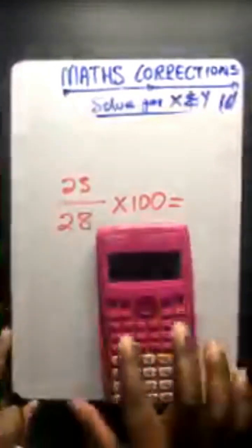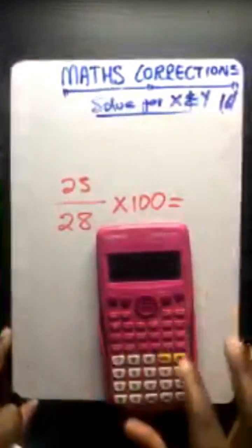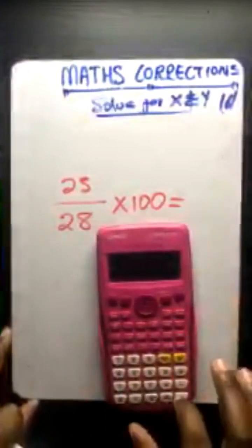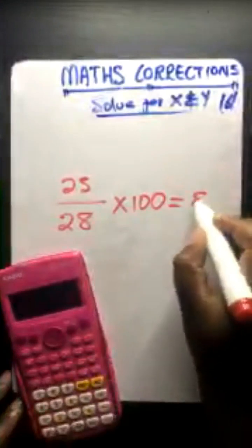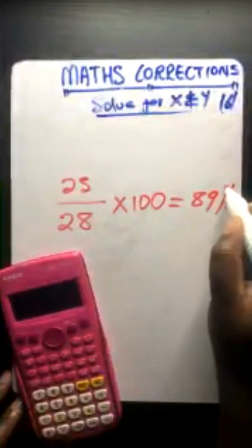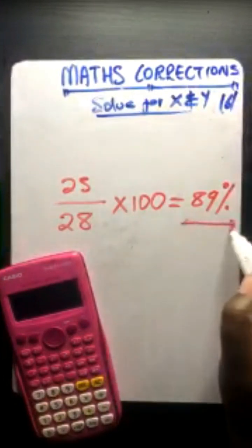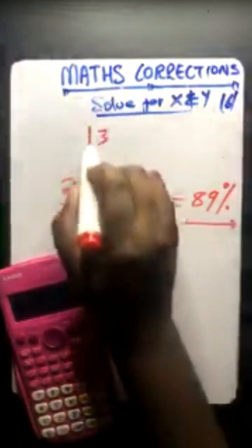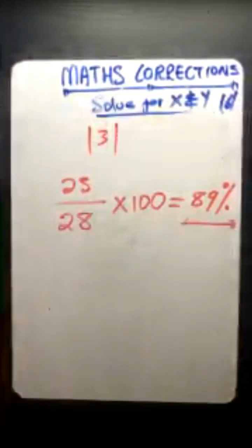So let's see, what have I got? So it's 25 over 28. You multiply by 100, you get 89. So that means for this question, I would have got 89%, which is a distinction. So even if I lost marks on that question that was allocated 3 marks, I still got a distinction.